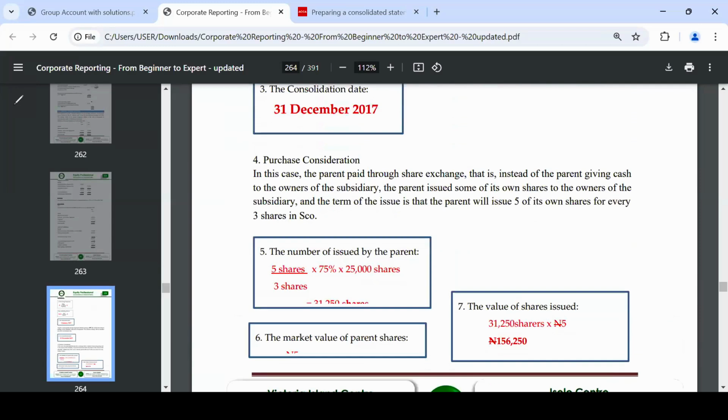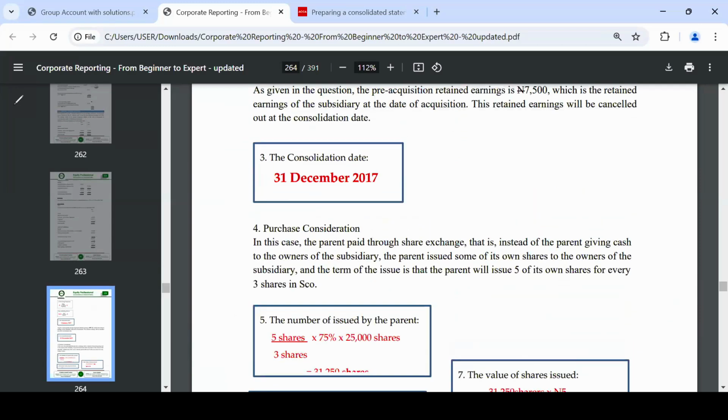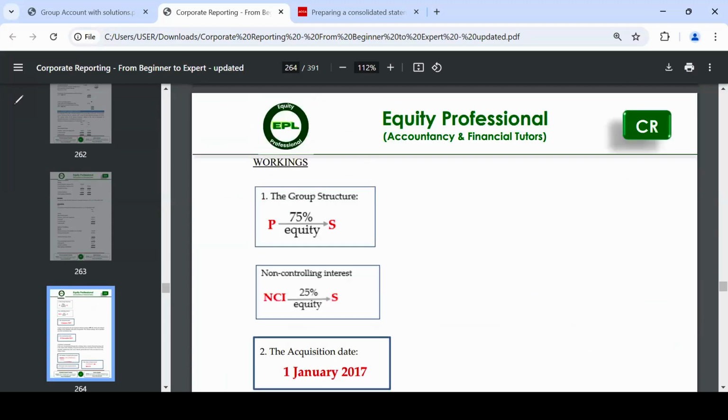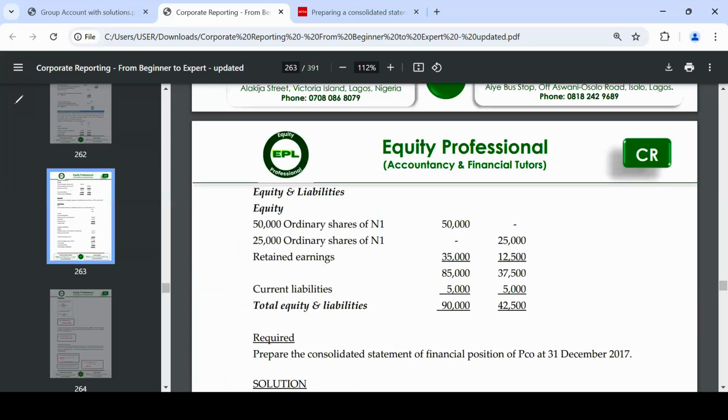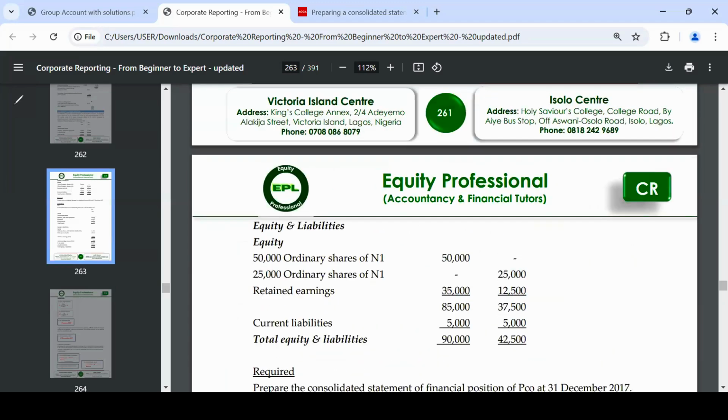Now, mind you, be very careful. You will notice that in the books of PICO, very important, in the books of PICO, we have 50,000 ordinary shares of 1 naira each.